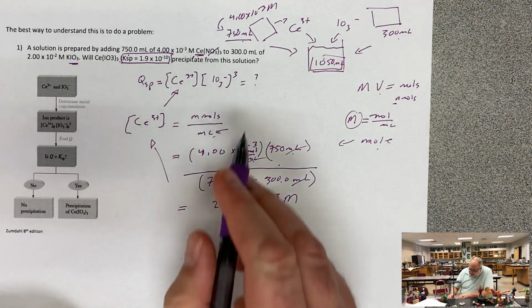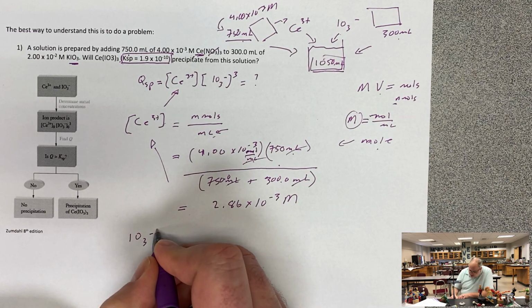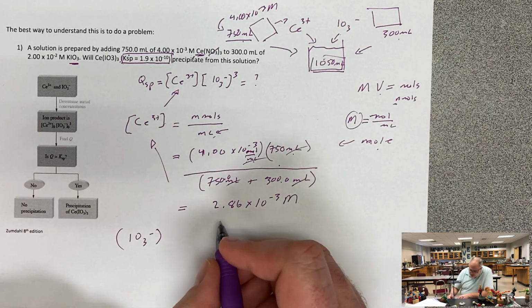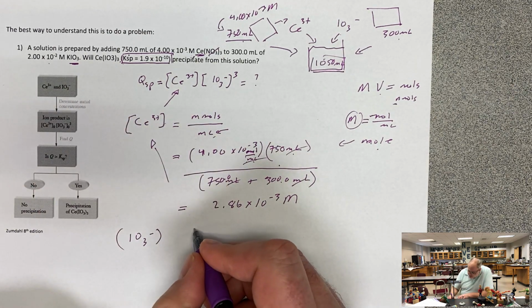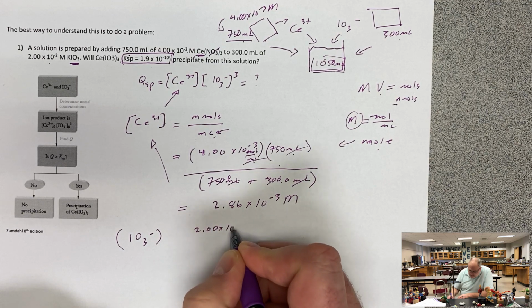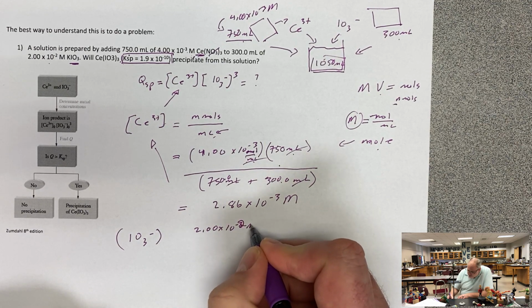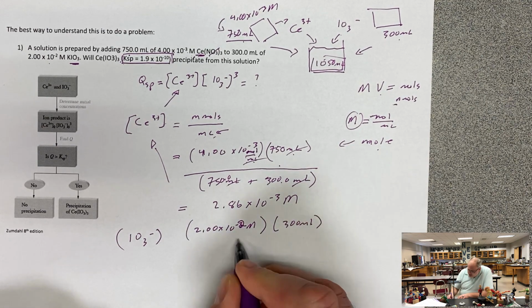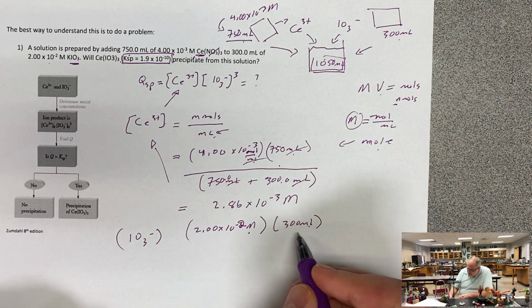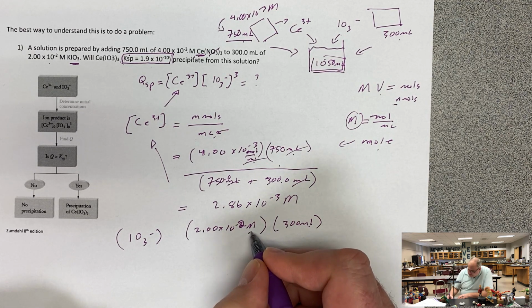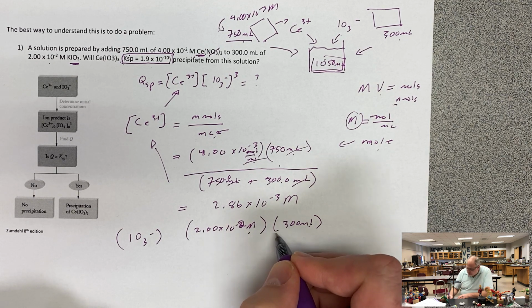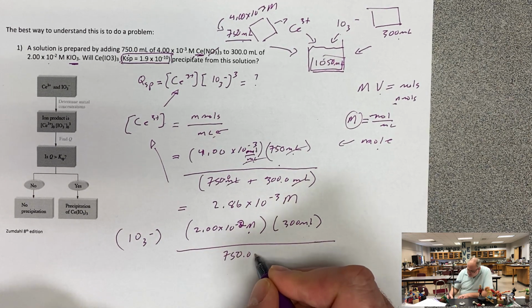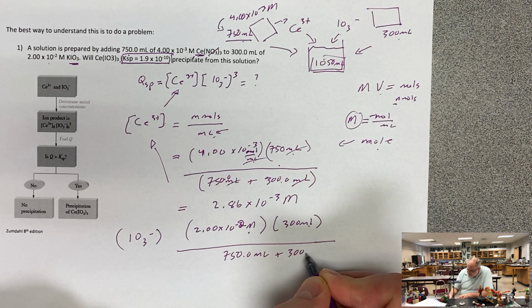When we do the same exact thing for our IO3-, the only difference is that the volume is different, and we also have a different concentration. If you take a look at the concentration here, our molarity is 2.00 times 10 to the negative 2 molar, and our volume is 300 milliliters. Again, if we multiply our molarity by our volume, isn't that still going to be divided by the same number, 750.0 milliliters plus 300 milliliters?